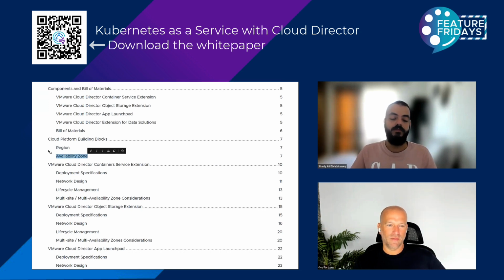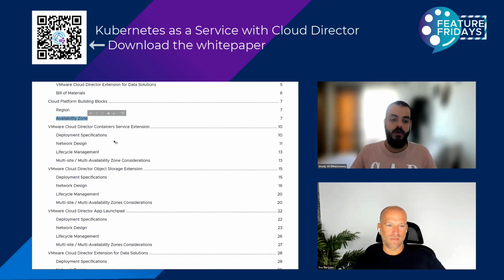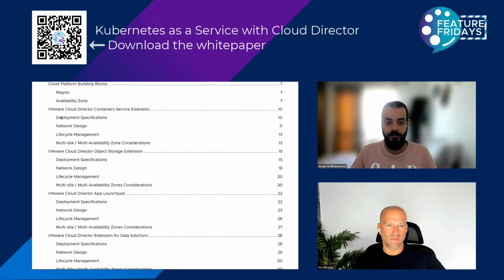And then when I go through each component, there are 4 main sections that I'm shedding light on. How to deploy and the best practices around deployment, the networking design, because some components here might need load balancing. I'm specifying these details.